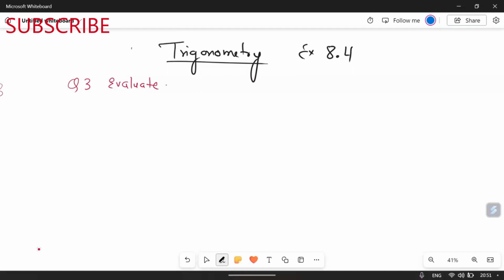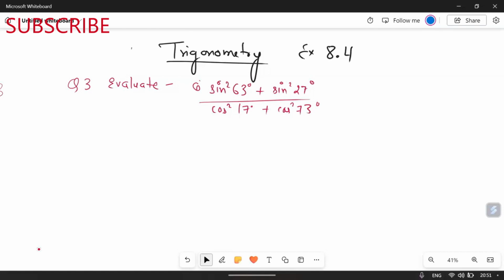What we need to evaluate here: first is sine square 63 degree plus sine square 27 degree divided by cos square 17 degree plus cos square 73 degree.